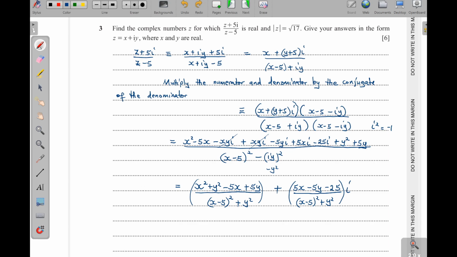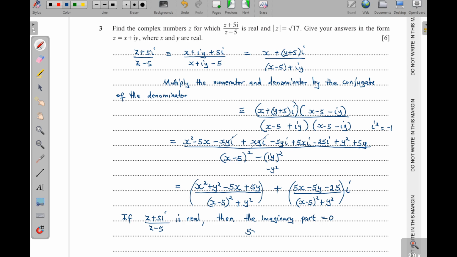So I will say if z plus 5i over z minus 5 is real, then the imaginary part is equal to 0.